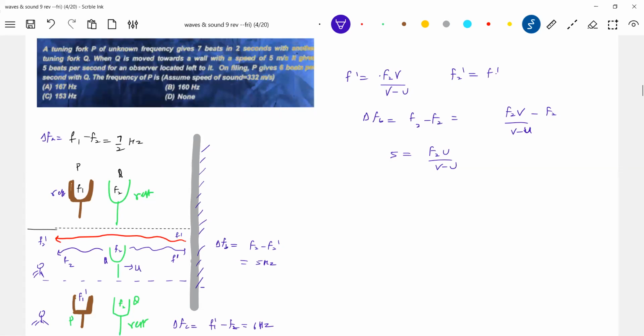F2 is 327. Okay, from calculation we are getting 327 hertz. Okay, now after getting this one, this will be 3.5, no? I'll write it as 7/2.